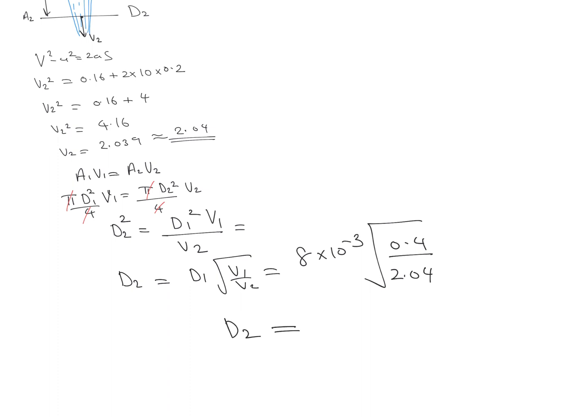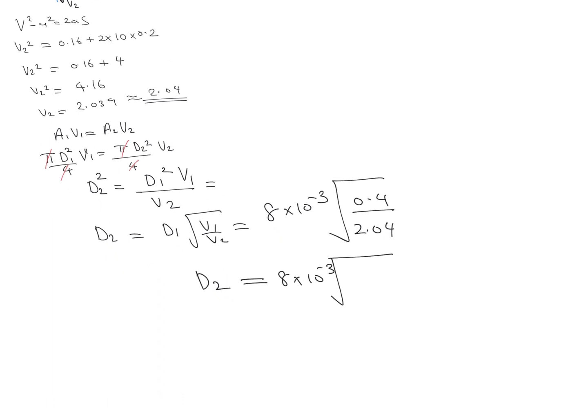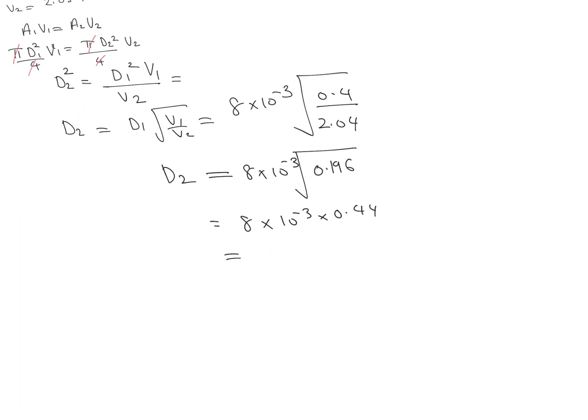So d2 is equal to 8 into 10 raised to minus 3 into under root of 0.4 divided by 2.04. We'll get around 0.196, and the root of this will be around 0.44. So 8 into 0.44, you'll get around 3.54 into 10 raised to minus 3, or we can approximate it as 3.6 into 10 raised to minus 3.